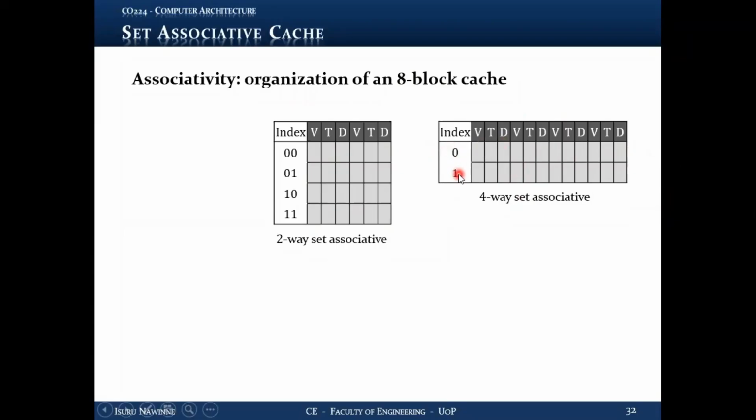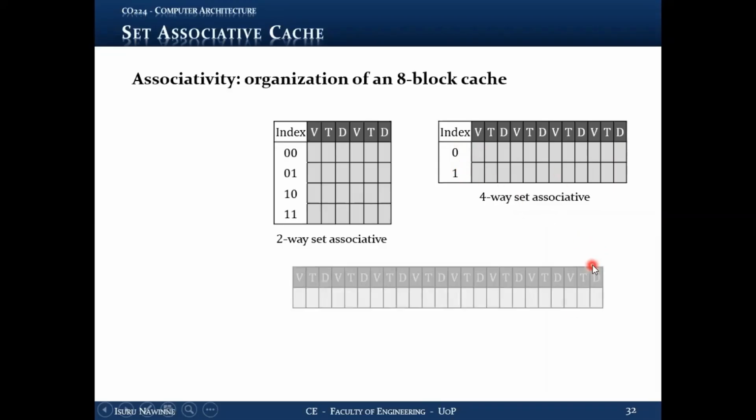Index 0 and index 1. Earlier, with the two-way set associative, you had 4 indices, so the index field was 2 bits wide. Here, 4-way set associative with the same cache size, you have only 2 different indices. So you only have 1 bit for the index field, right? That is a 4-way set associative.